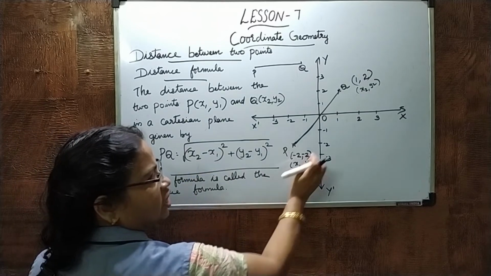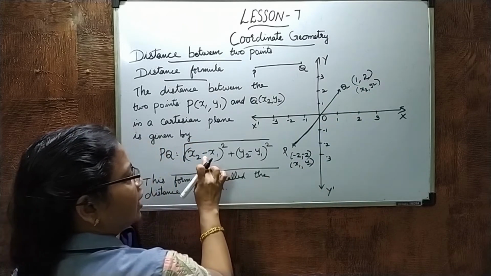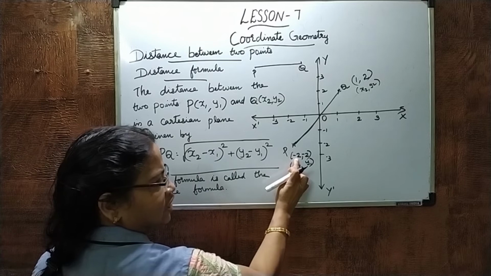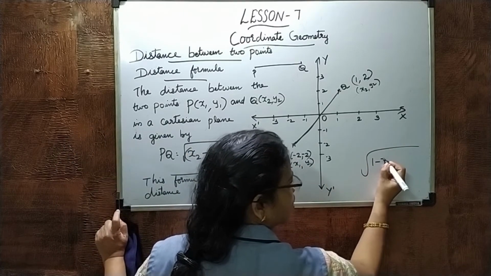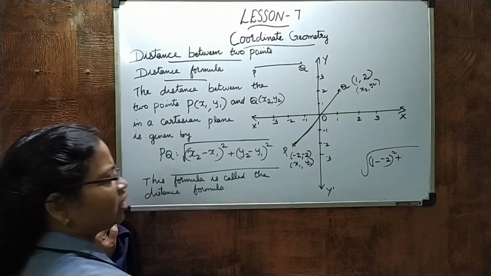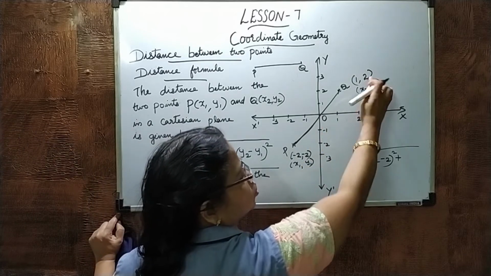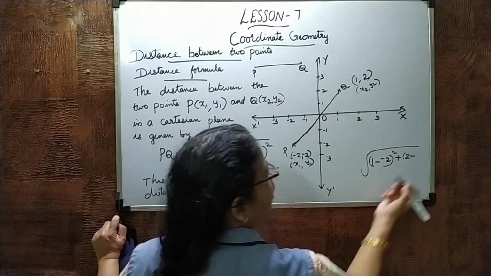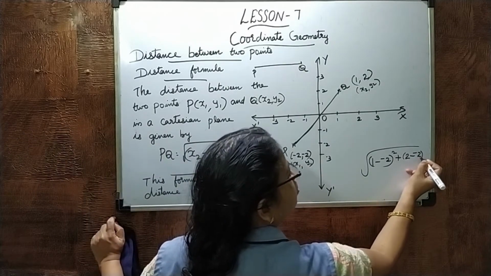x2 is what? Here, this is x2. It is 1 minus x1, and x1 is -2. So it will be root of (1 minus -2) square plus, what is the next one? y2 minus y1. y2 is here, it is 2. It is 2 minus y1, and y1 is -2, the whole square.